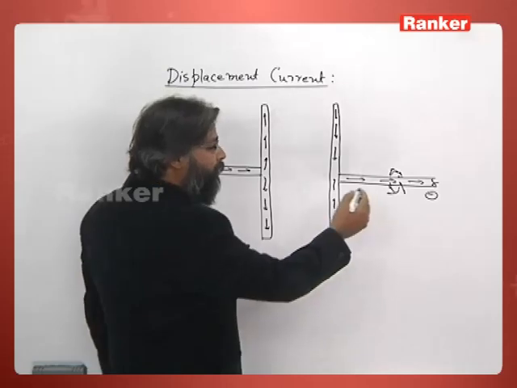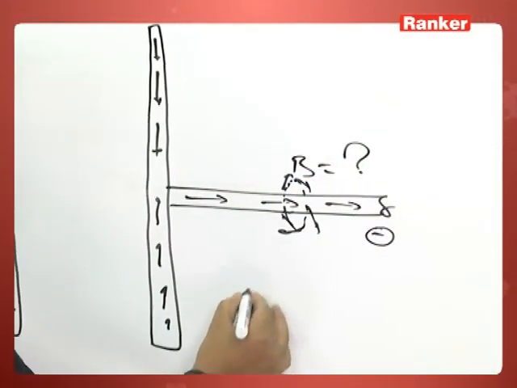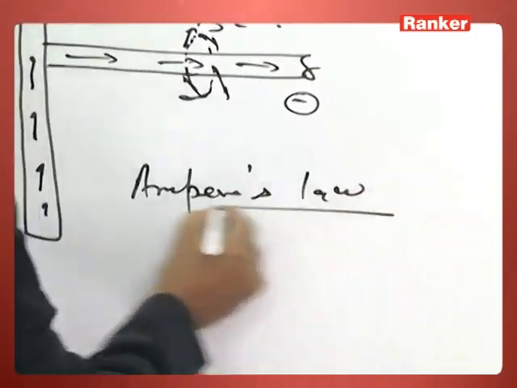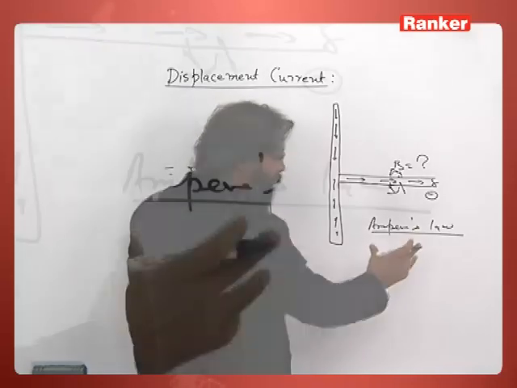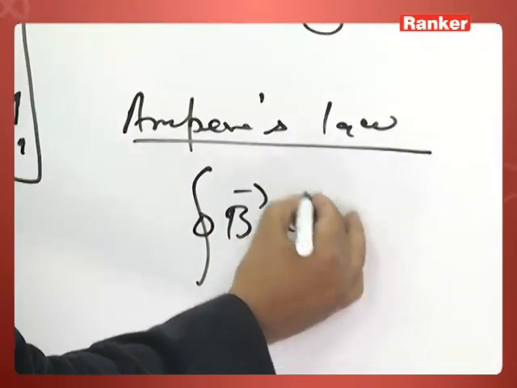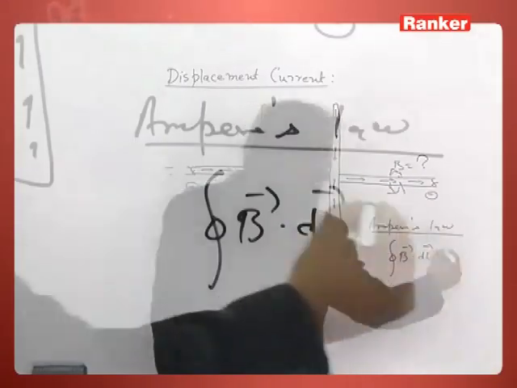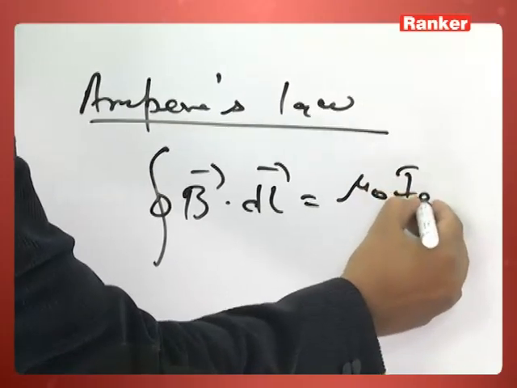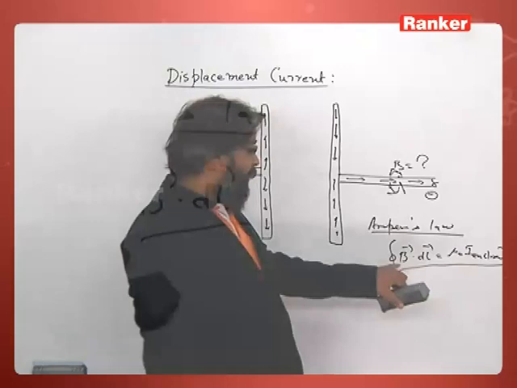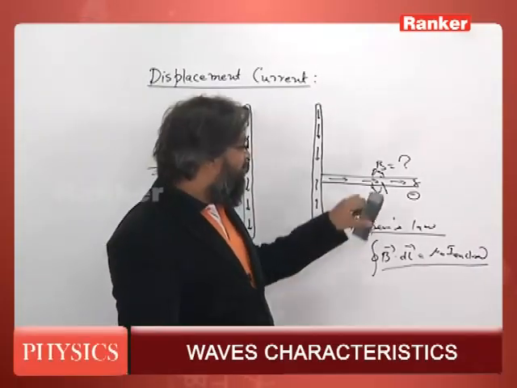That is, in order to calculate magnetic field B at this location, I am going to use Ampere's law. Now what is Ampere's law? Ampere's law tells that the line integral of the magnetic field in a closed loop is equal to mu naught times I enclosed. So we will use this Ampere's law to find the magnetic field at this location.